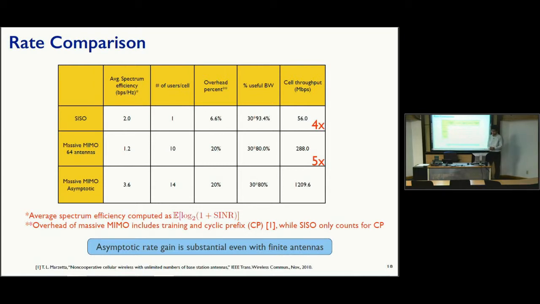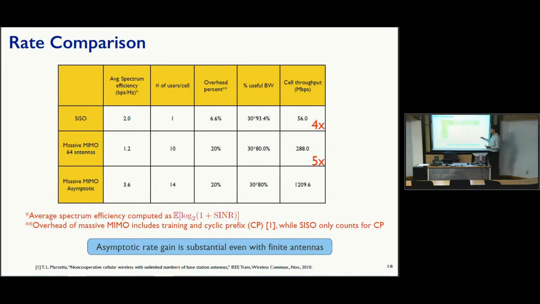Now we want to compare the rate of a single antenna cell and a massive MIMO antenna cell. We also simulate the performance of 64 antennas serving 10 users in a massive MIMO network. We also take into account the overhead due to uplink training in our computation.